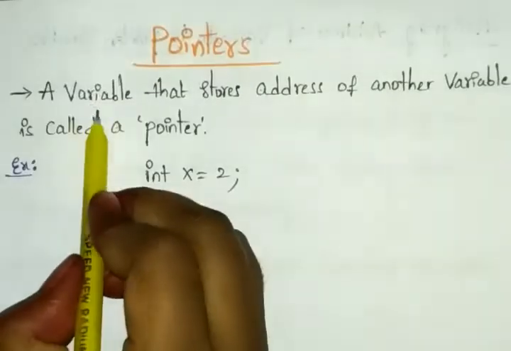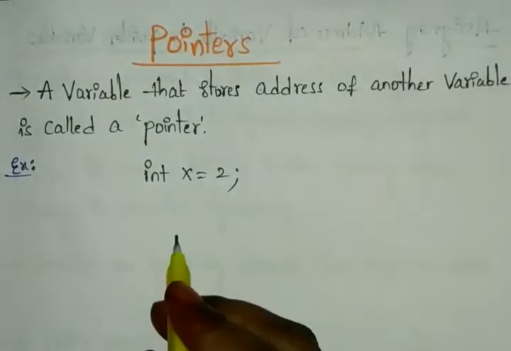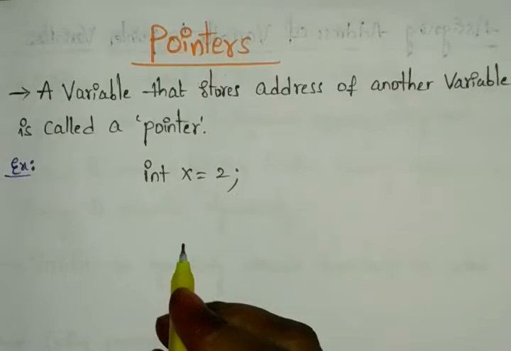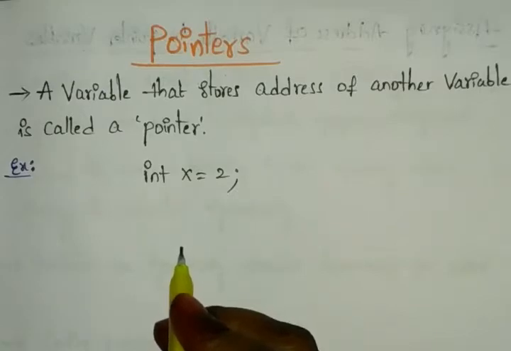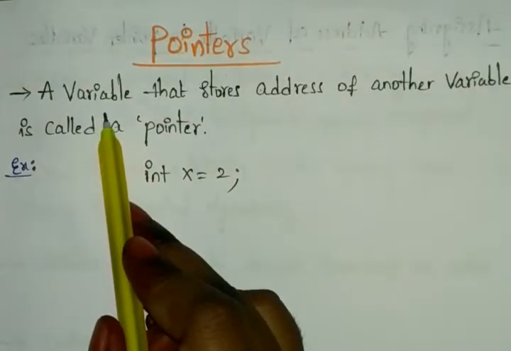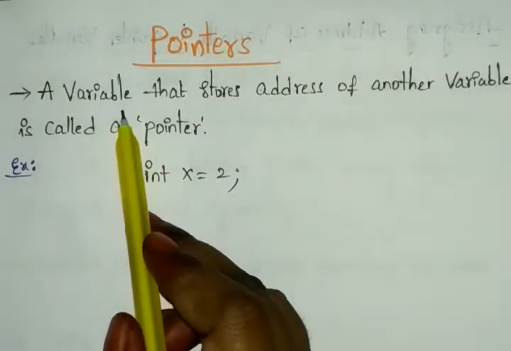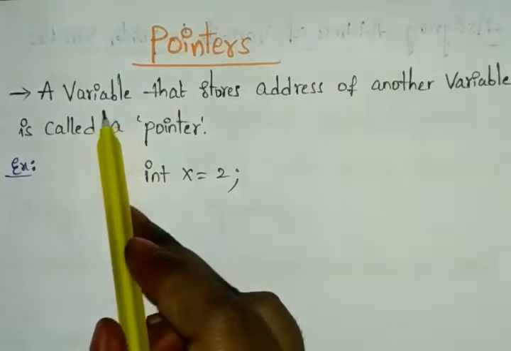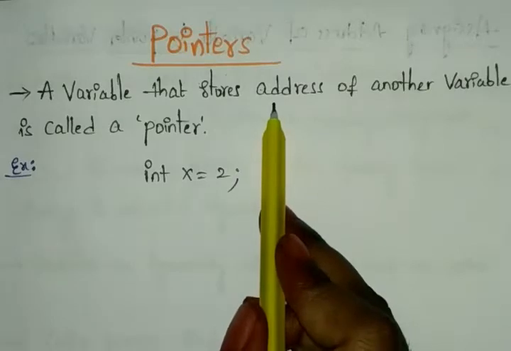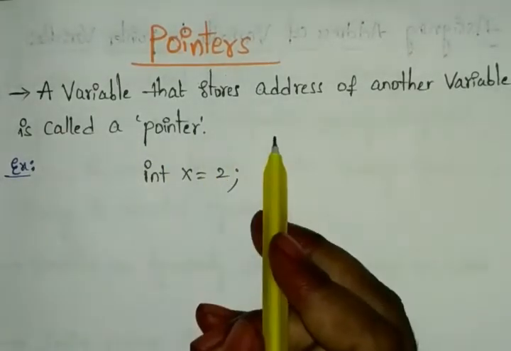So we have one variable. Not only one, we have several variables in our program. If we declare a and b, we can declare the a variable and the b variable in a single program, right? Suppose one variable is x and another variable is y. The address of the x variable can be stored in y, and that we call a pointer.